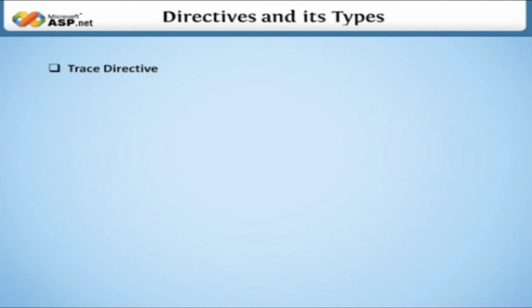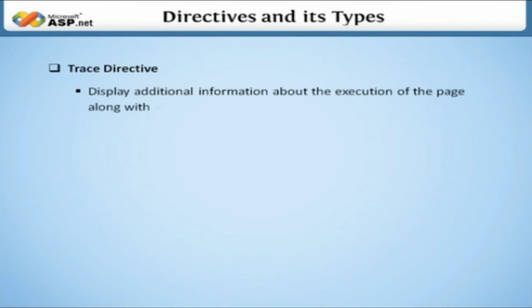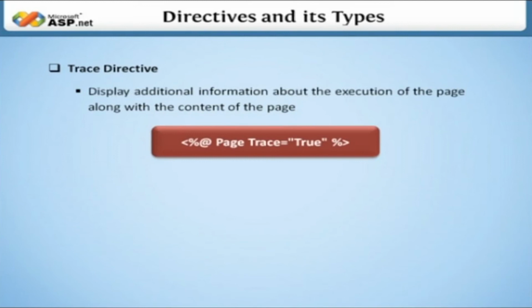Another useful page directive is trace directive. If you enable tracing for a page, it will display additional information about the execution of the page, along with the content of the page. You can enable tracing for a page by including the following directive. Import directive. Import directive is used to import the namespaces.